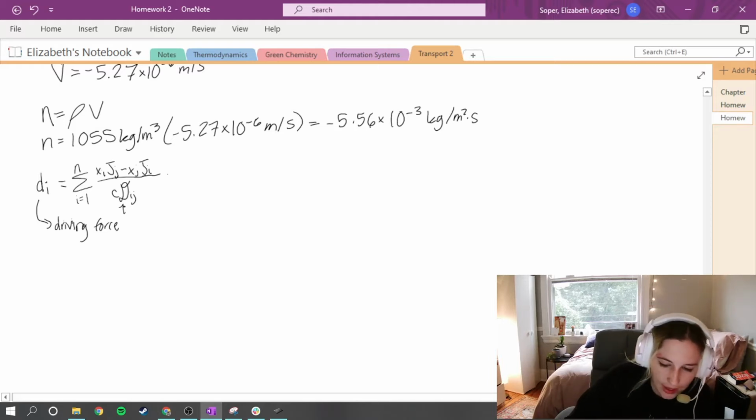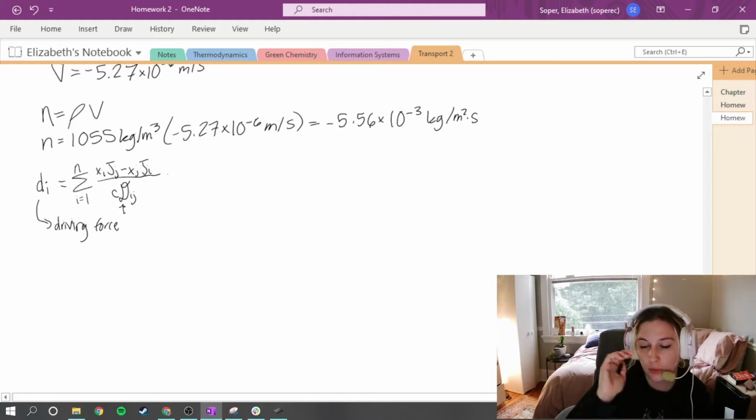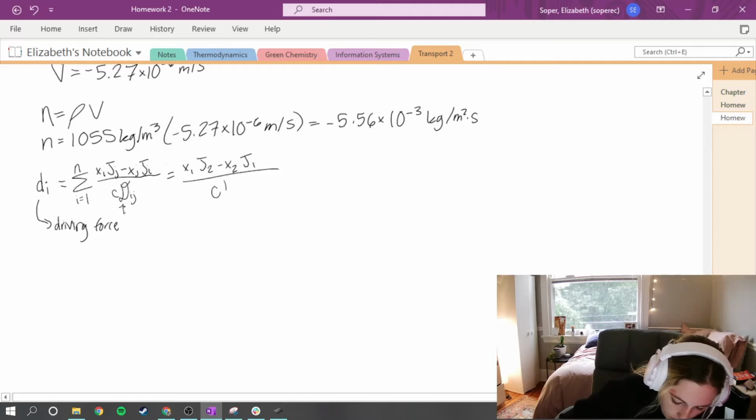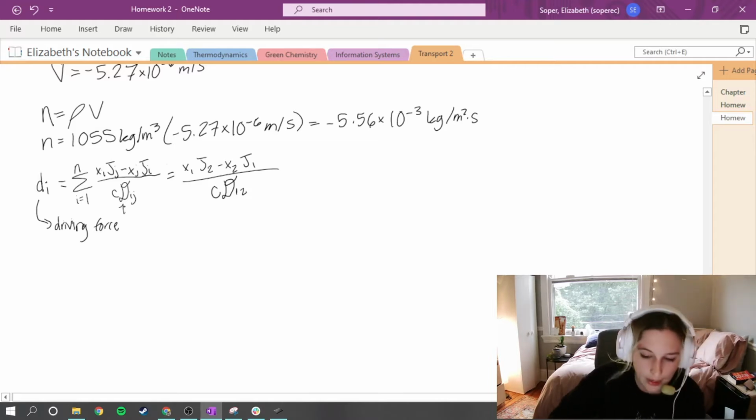So let's go ahead and expand that out. We have two components, so it's going to look like this. I'm basically just going to replace all the i's with 1s and all the j's with 2s. Great.